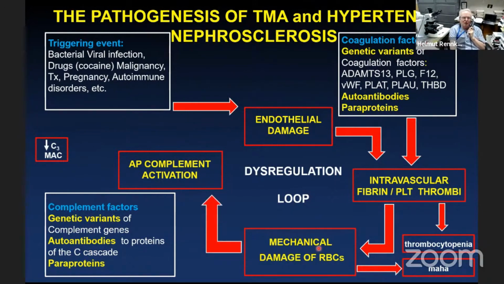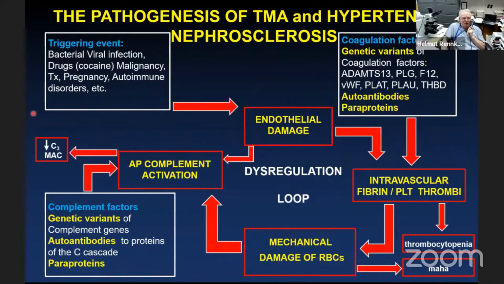This mechanical damage leads to complement activation that again gets also activated by the original endothelial injury to some extent. And if you have an abnormality in the complement regulatory proteins, this process gets exacerbated.